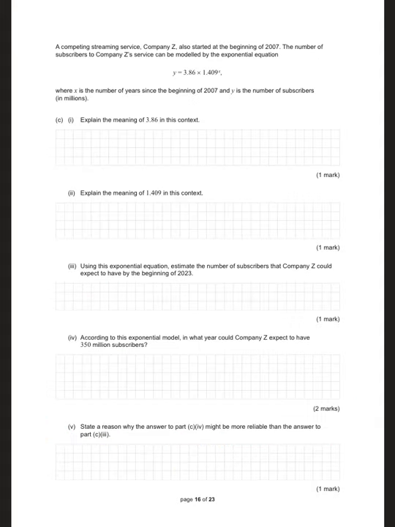On a competing streaming service, Company Z also starts at the beginning of 2007. It's got this exponential equation. Explain the meaning of 3.86 in this context. 3.86 is the y-intercept of the model.